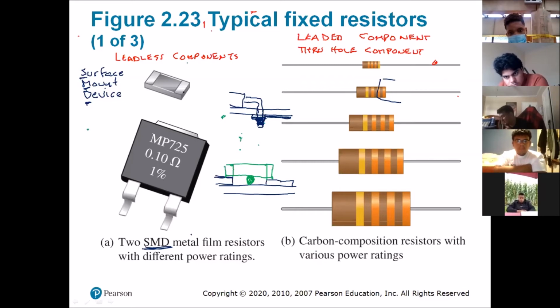So what we've done is basically taken this guy and put it on a circuit board. This end cap is over here, and the other one's over here. You've got the two end caps.